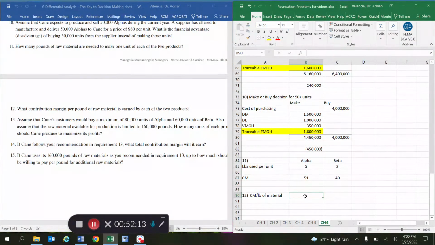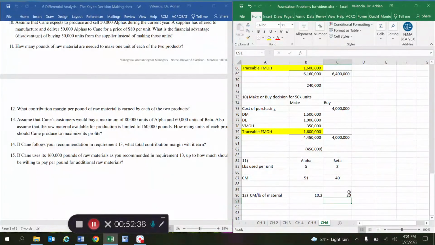But the contribution margin per pound of material, in other words, for every pound I use, and I know this is hard to visualize, we're getting 10.2 of a contribution margin. And then same thing over here, for every pound I use of material, with beta, I'm getting $20 of contribution margin.